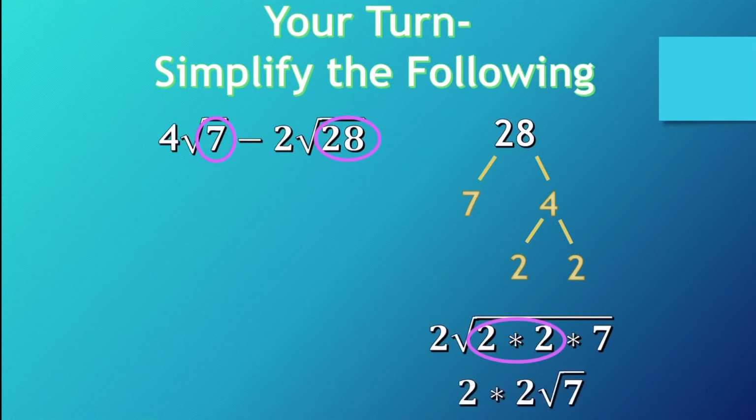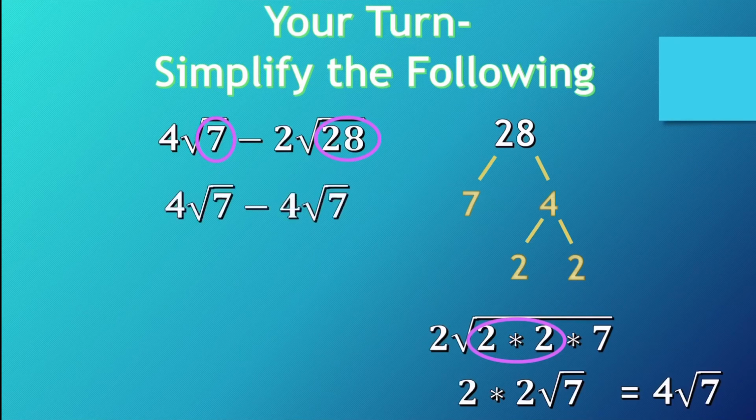When I bring that out, it's now 2 times 2 because of the 2 that started in the original problem. So I get 4 square root of 7. So I have 4 square root of 7 minus 4 square root of 7. 4 minus 4 is 0. And 0 is your answer.